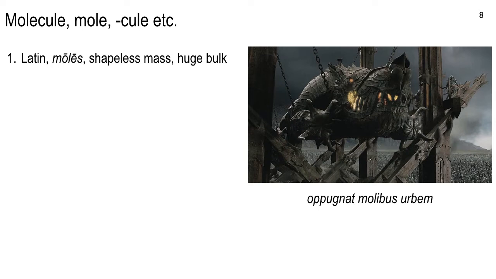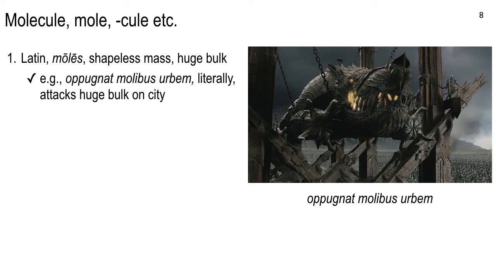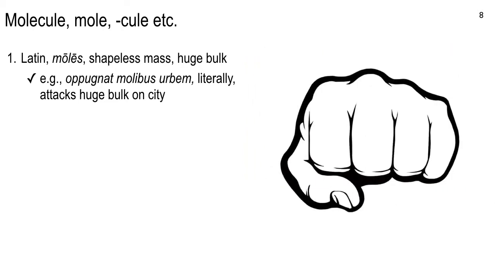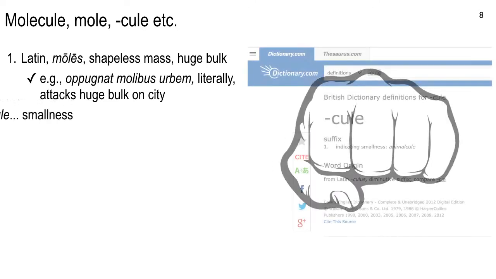Opignat, you know what that means literally in Latin? It means attacks huge bulk on the city. Urbum, city. Opignat, pugnacious. Have you ever heard that word pugnacious? That means fisticuffs. So they're trying to drive a fist into the city, a huge one. And so the moles, M-O-L-E-S, means a huge bulk.